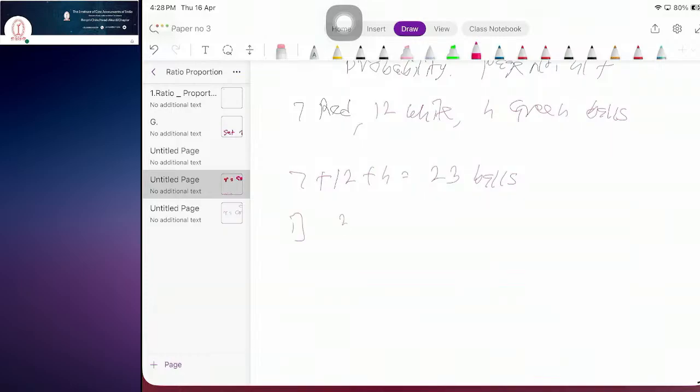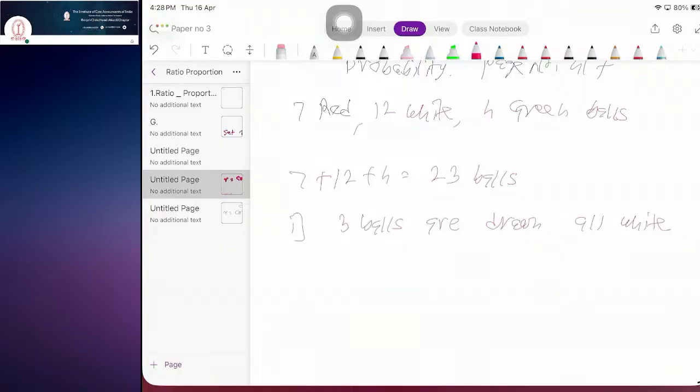The first question is, 3 balls are drawn, all are white. So the event, what we want, is that all white balls should be selected.